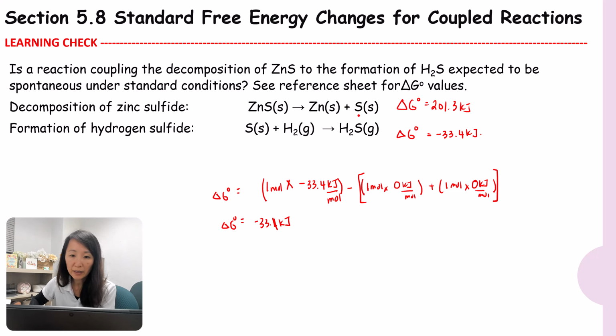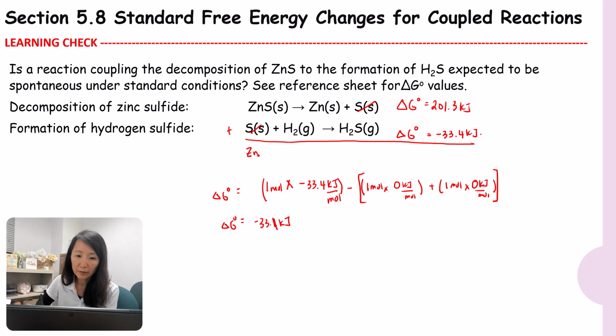You can definitely cancel out the sulfur, since on the reactant and the product side it is exactly the same. If I were to add the top and the bottom, we have zinc sulfide plus the hydrogen gas forming into zinc solid plus H2S gas. If I add these two together, then I would get 167.9 kilojoules, and this is a positive value.